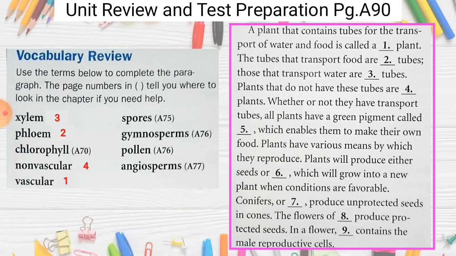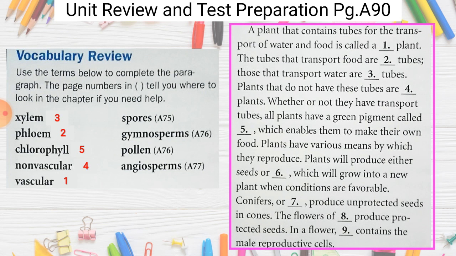Whether or not they have transport tubes, all plants have a green pigment called... What is the green pigment that makes plants green? Chlorophyll, which enables them to make their own food.